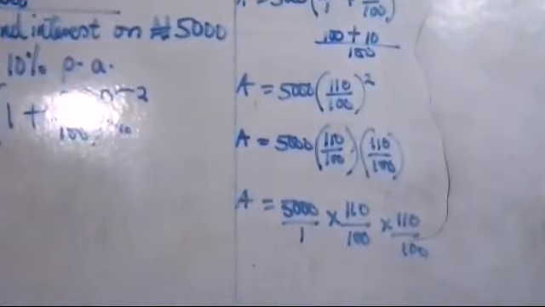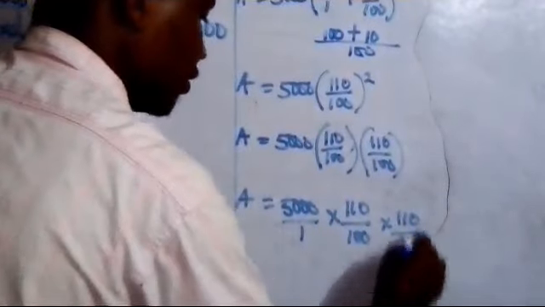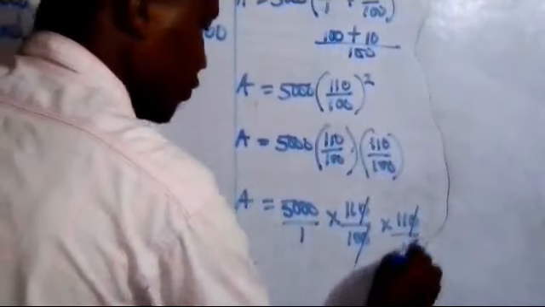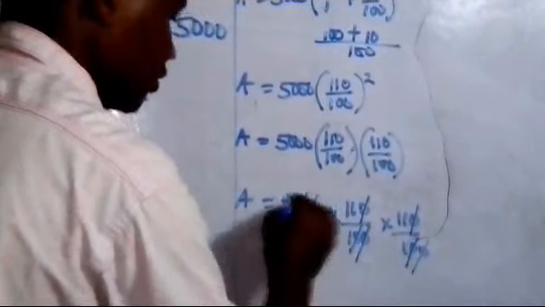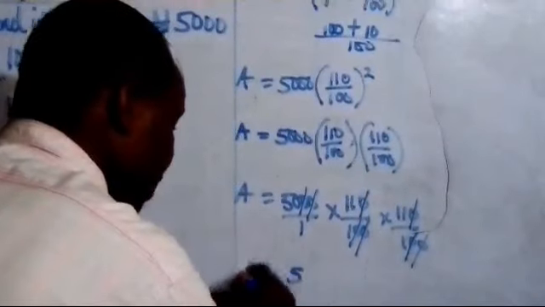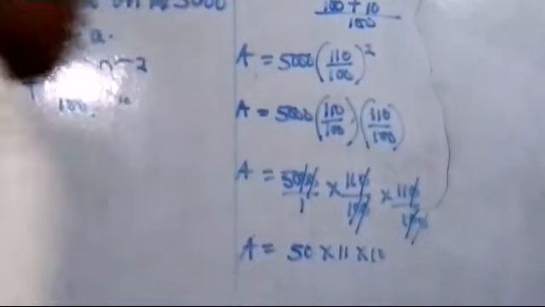That's what we have there. Now let's cancel out our zeros. 0 and 0 will go. 0 and 0 will go. We have 2 zeros down and they will cancel the zeros in the 5,000. So what do we have now? We have 50. A is equal to 50 times 11 times 11.